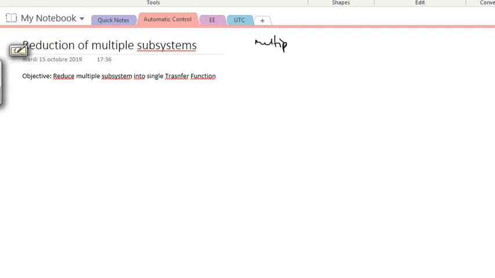What is multiple subsystems? So we know that, for example, we have seen before, we have constructed transfer functions of different systems. For example, let's say we know by now how to construct a transfer function of a rotational system with gears and load, right?